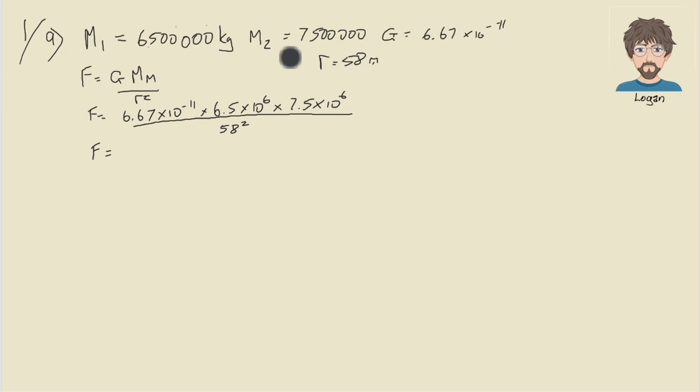Now you can do that. The whole point of putting this into scientific form is we can do the numbers separately from the powers of 10, from the exponents. So we'll do the numbers first. I'm just going to write it on here to make it more obvious.